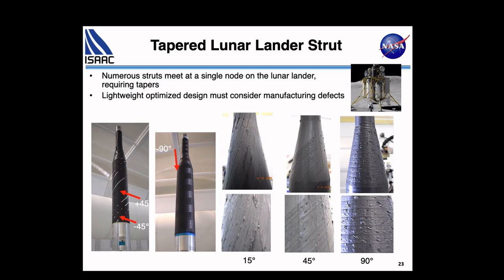That gives you better load carrying capability, stiffness, and strength versus the amount of load going through it. But you eventually have to bring all these parts together. So that's what we were looking at here, placing material so that we could bring them all together at a node. But of course, again, that brings in defects.